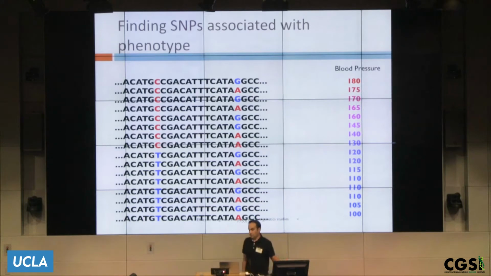Most of the positions are black in the genome because they're not different in the population, but there are 2 positions that are variable in the population. Can anyone tell me which of these 2 positions appears to be associated with blood pressure? You guys are good, smart. So it's clearly the first position, right?